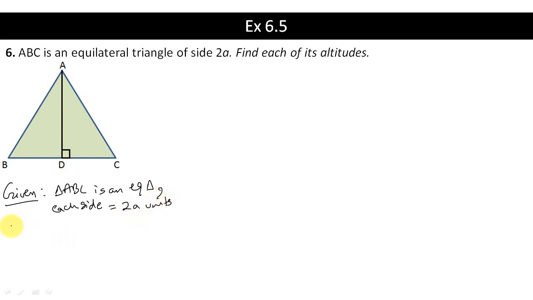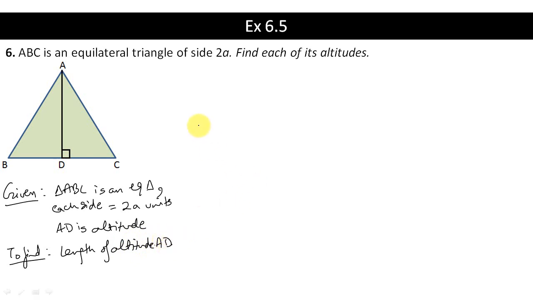Also, it is given that AD is the altitude. Altitude means perpendicular from the opposite vertex. So AD is altitude, and we need to find the length of altitude AD.